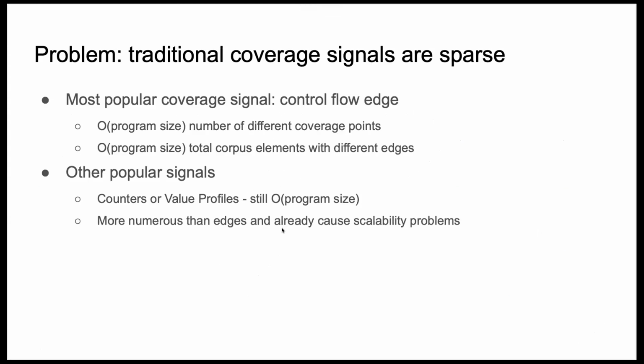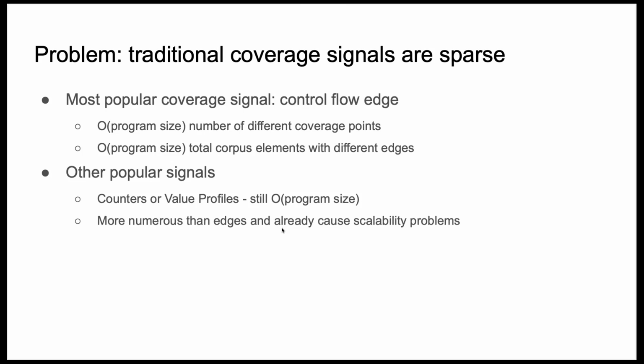What is the problem? So most of the mainstream fuzzing engines, if you wish, use coverage signals such as control flow edges, basic blocks. You can call them anyway, but this is a signal based on control flow, and control flow, the size of the control flow is proportional to the size of your program.